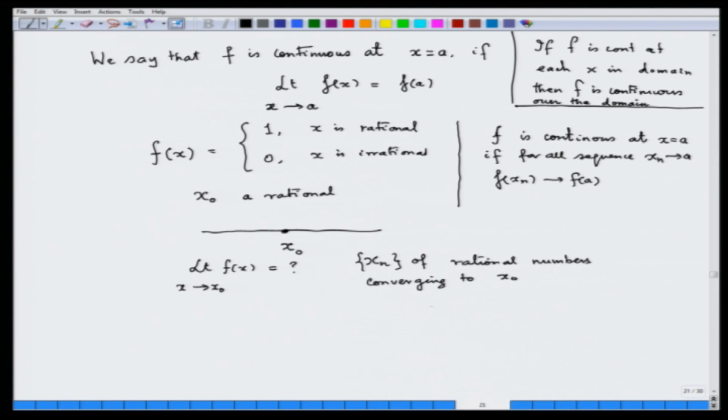How will you do it? Take any sequence. Take a neighborhood around x naught, x naught minus delta 1 to x naught plus delta 1. Choose any rational number here, say x1.